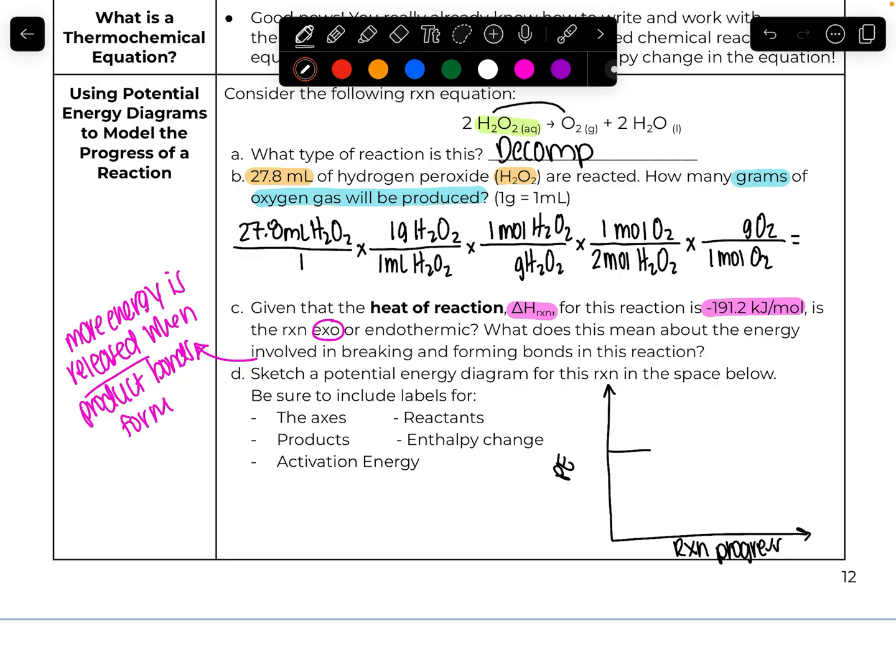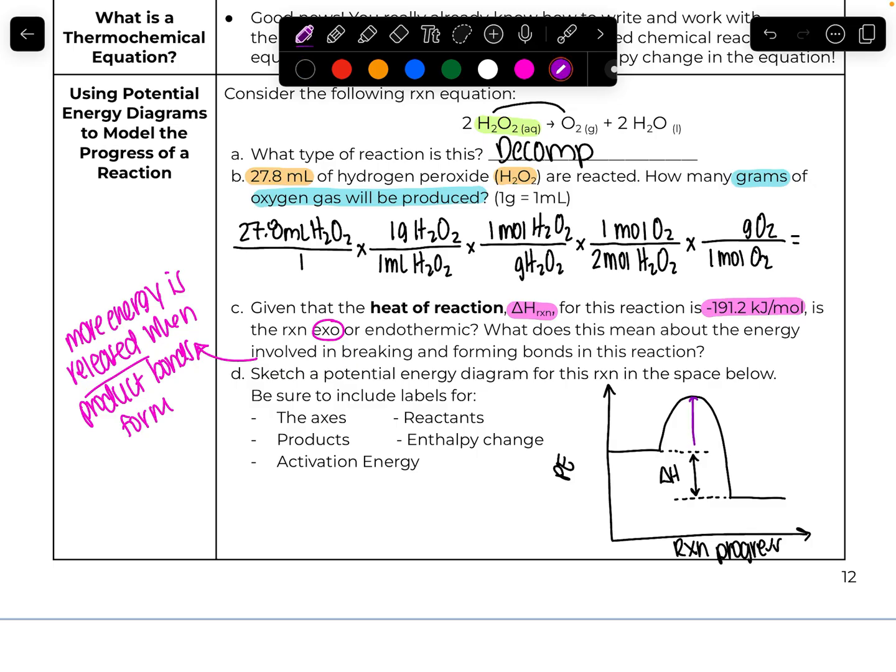So our reactants are going to start higher in energy. Our products are going to end lower in potential energy. And then we have to put that little curve in the middle to get through the reaction. Remember here, this value is our delta H. This is our change in enthalpy or change in heat energy between our reactants and our products. And since this is exothermic, it's a net release of energy.